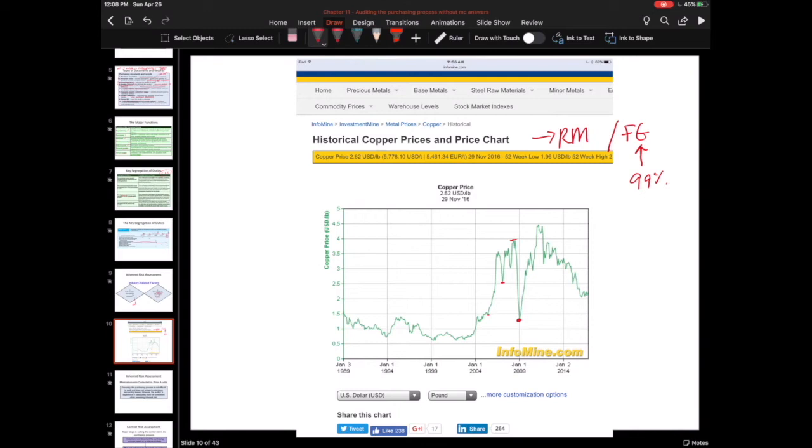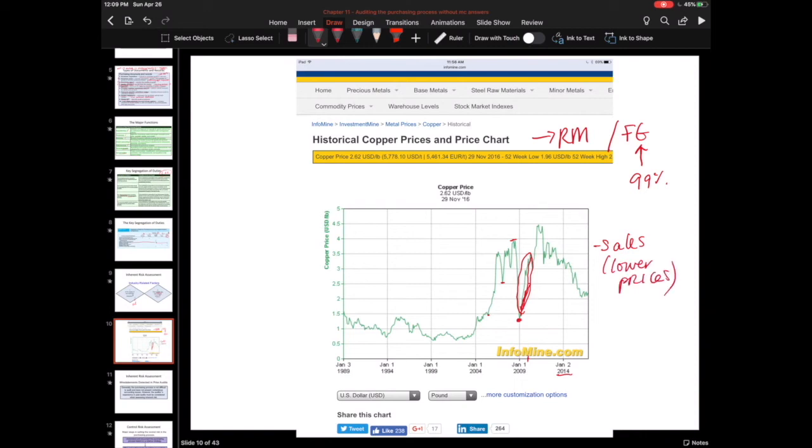And then all of a sudden they go down to below $1.50 a pound, which really hadn't been seen since 2004. So what happened because of this was, if you look in the year 2009, all their sales were made basically at the market price of copper. So their sales were made at these lower prices.